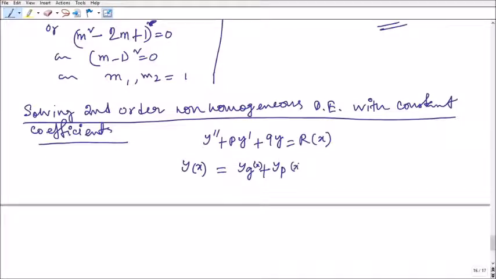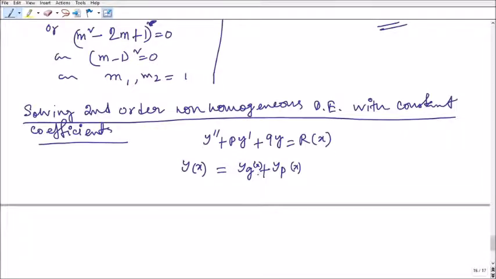Here yg is the general solution of the homogeneous differential equation associated with this non-homogeneous equation, and yp is the particular solution of this non-homogeneous differential equation.